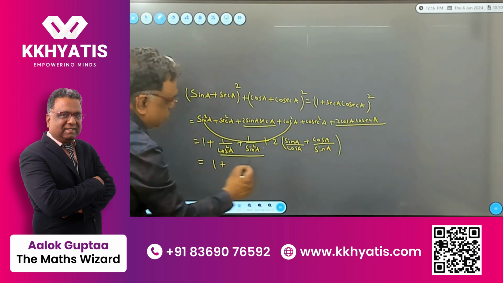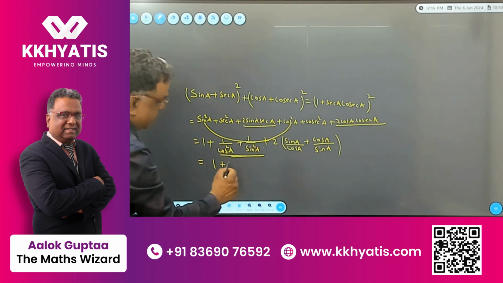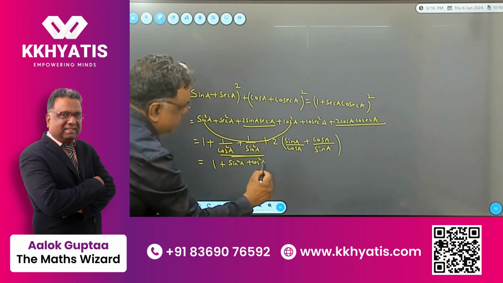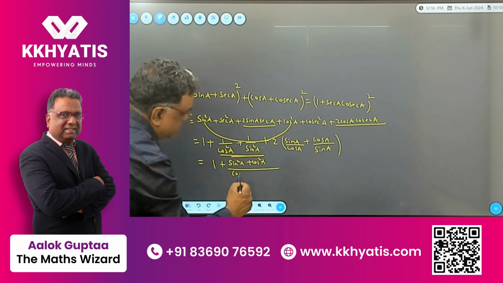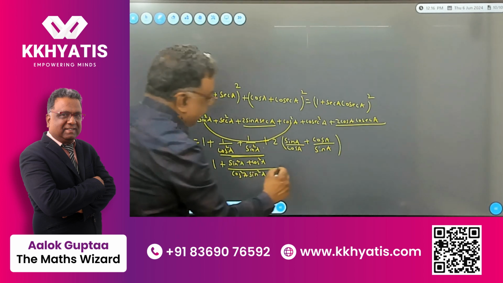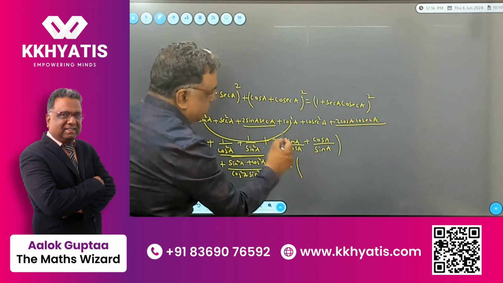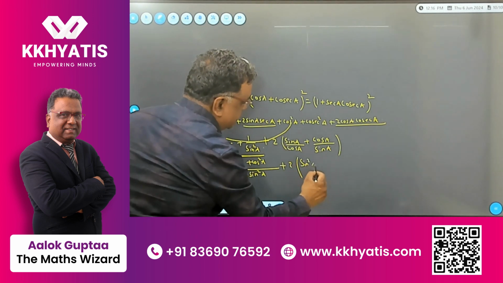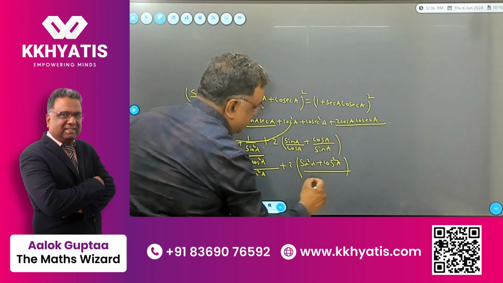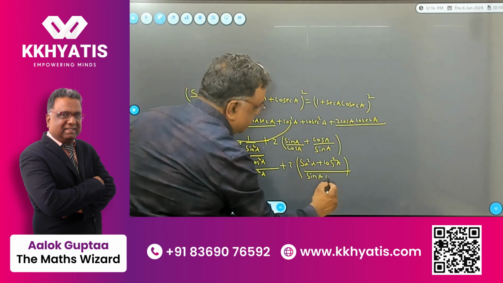Now in this, I will take sine square A, cos square A, like this. And the LCM would be cos square A sine square A. And here, I will again take LCM: sine square A plus cos square A upon sine A cos A.